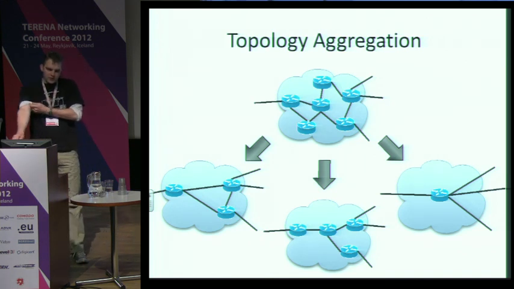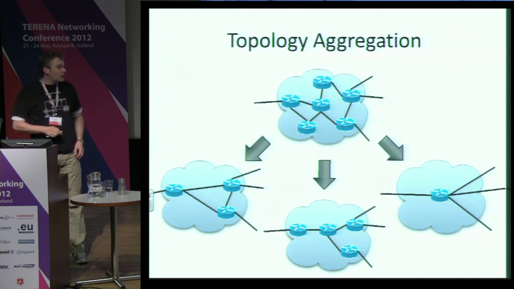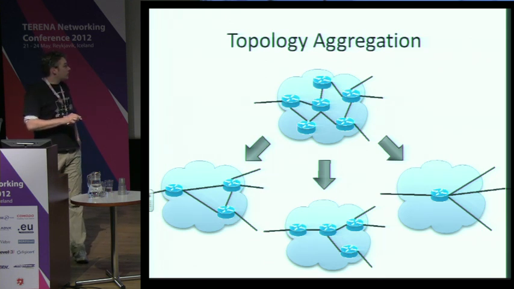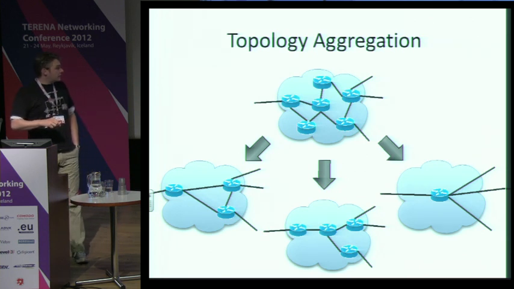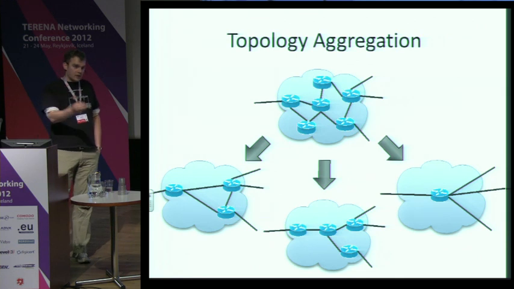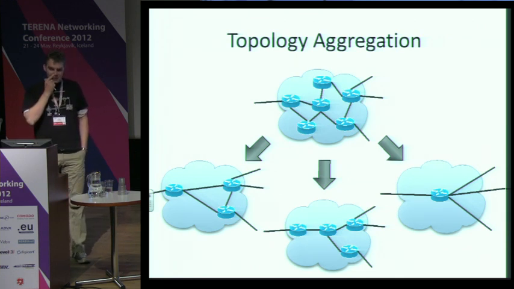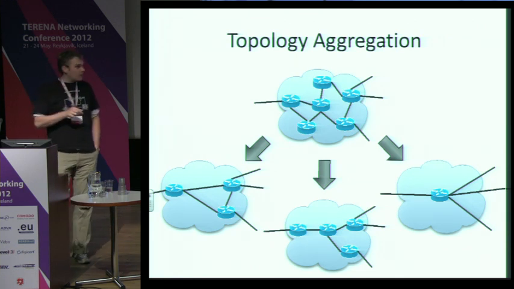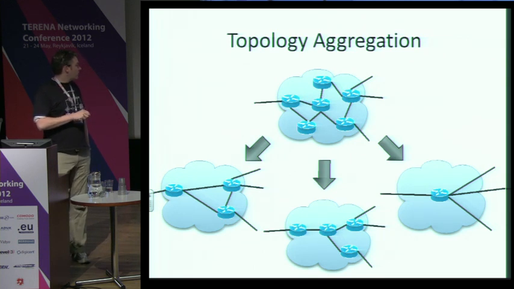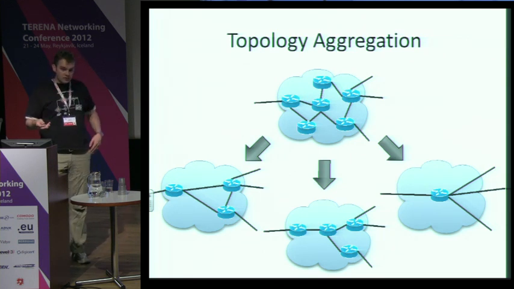In the other sense, there are different approaches in doing topology aggregation. If you have a full view of your network, you can aggregate that in different ways. You can just say, my network is a single point, and I make it very easy for you to cross my network. Or you can give them a full mesh view of your network.